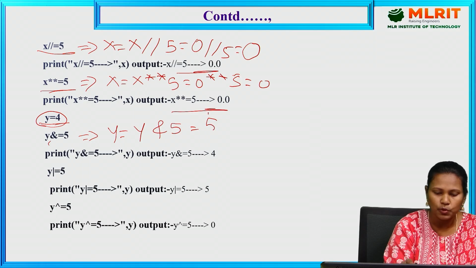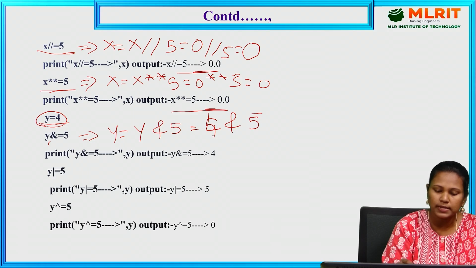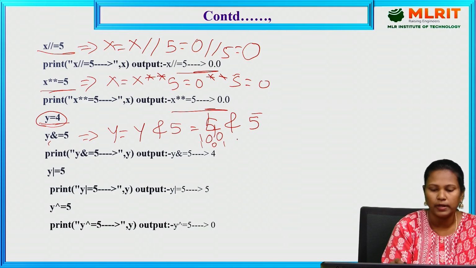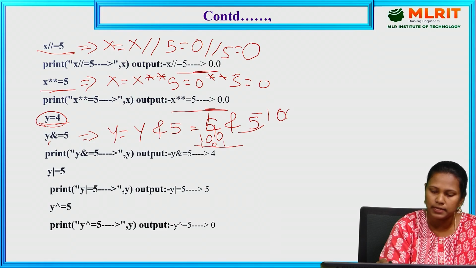The y value is 4, so 4 and 5. 4 is basically 100 in binary and 5 is 101.